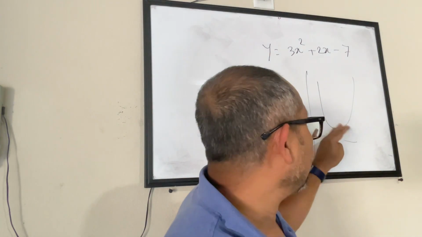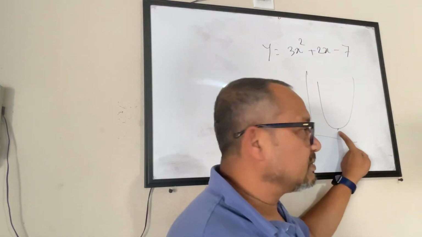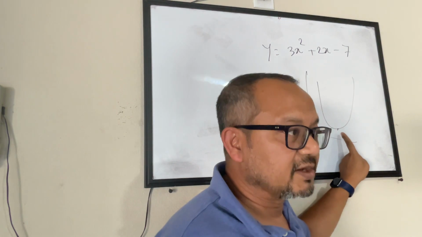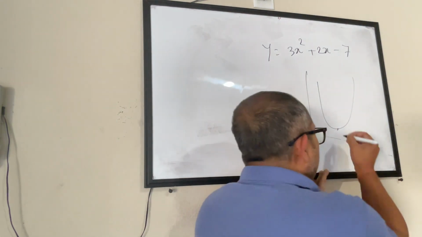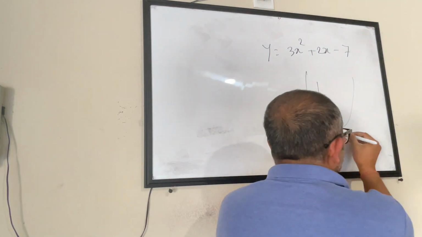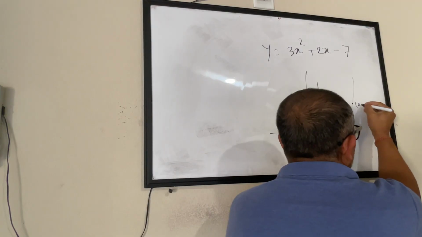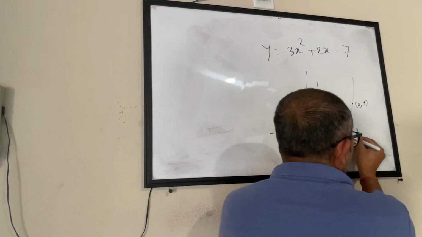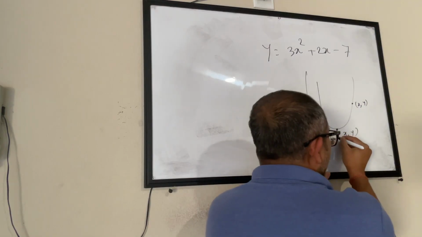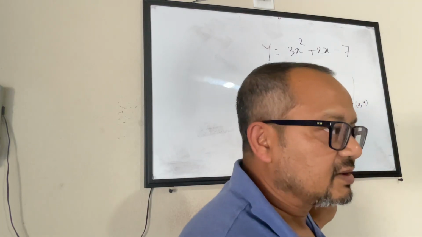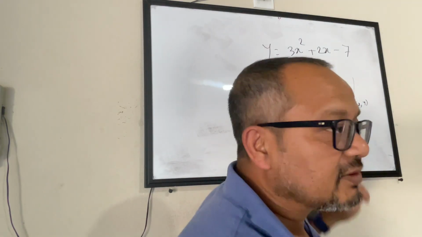If the parabola is facing upward, this will be my lowest point, the lowest point of the y coordinate. Meaning this point will have an x and y value, right? Every point on the parabola will have an x and y value. This will be the point which is the lowest value of the y coordinate.